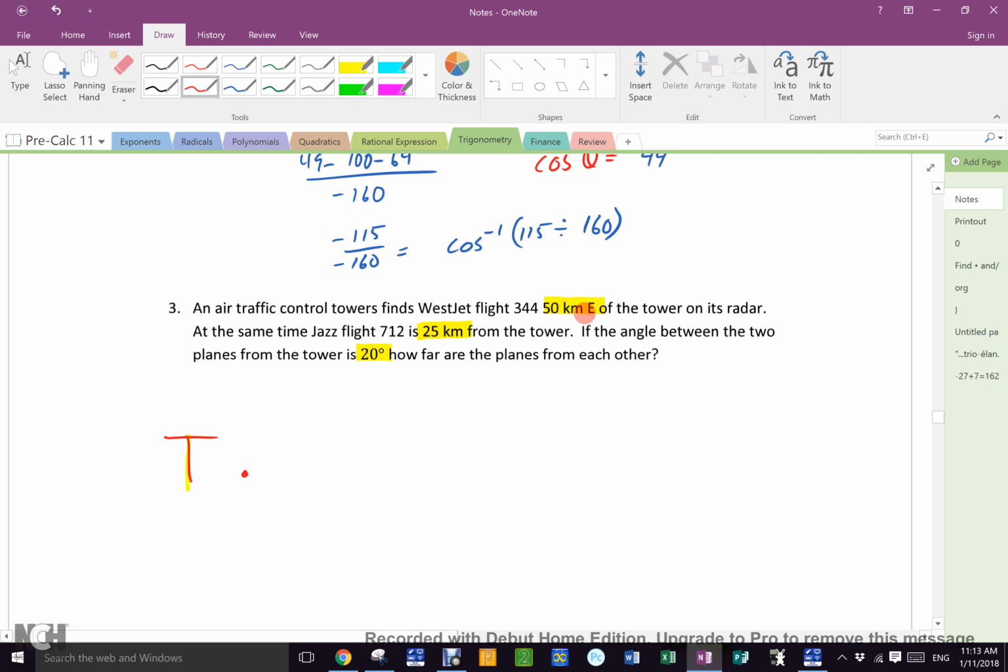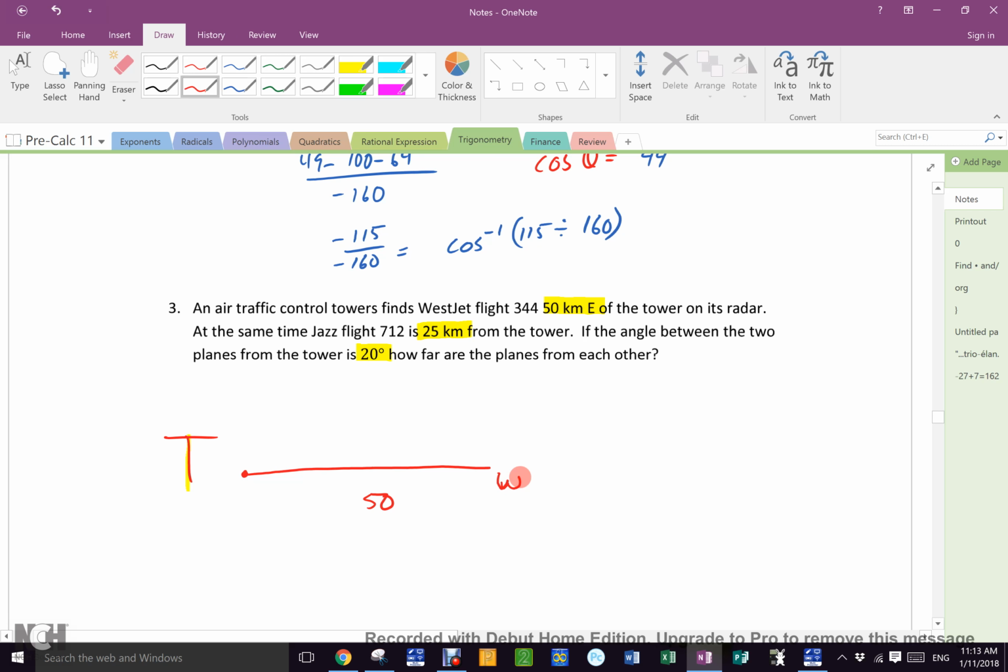One of the jets is 50 kilometers east. How do we like to draw east? Straight to the right. How far? How far did I go straight to the east? 50. And right there is where the WestJet flight is. I'm going to call him W.